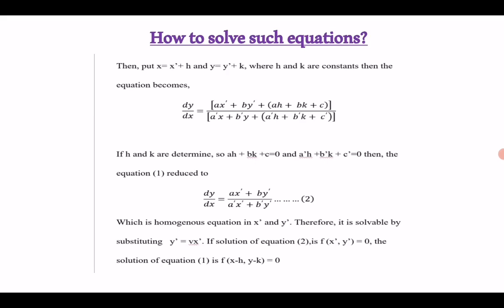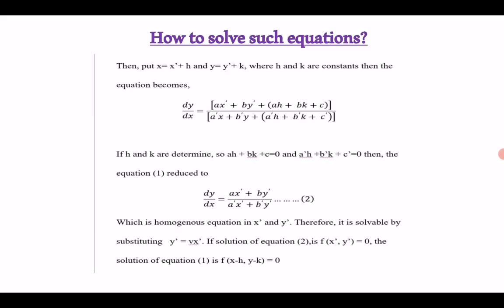To determine the values of h and k, we set ah plus bk plus c equals 0 and a prime h plus b prime k plus c prime equals 0. Then equation 1 reduces to dy by dx equals ax prime plus by prime divided by a prime x prime plus b prime y prime, which is a homogeneous equation in x prime and y prime.